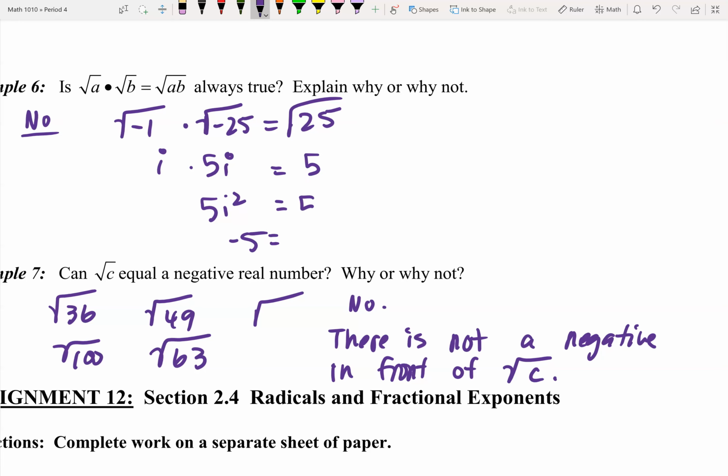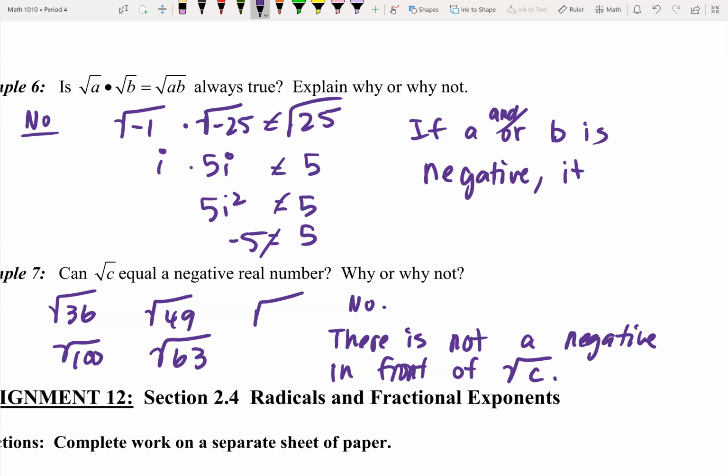Square root of 25 is 5. Are those things the same? No. So I'm going to say if a or b is negative, and I think it would actually be more appropriate to write and/or b, either one of them is a negative, it is false. If one or both of those is a negative.